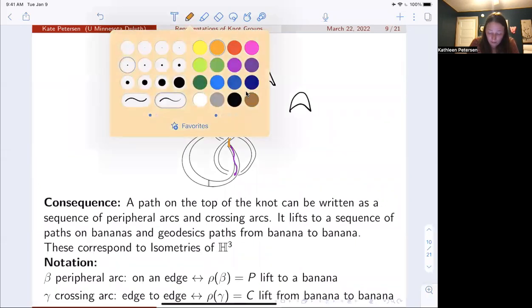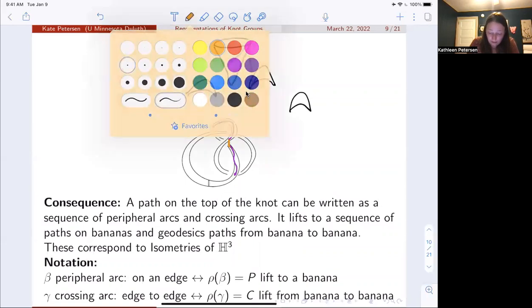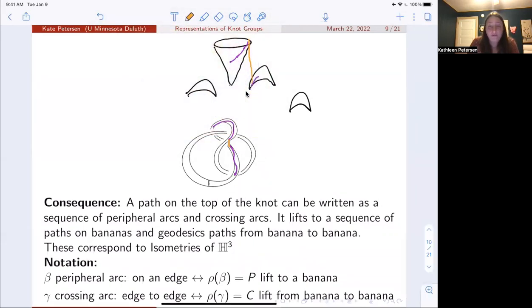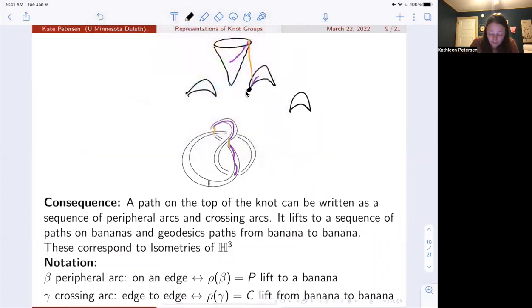And then what do I do next? I do a little peripheral bit. Then that's on a banana. Then I do a crossing bit, and that lifts to a geodesic, which joins this ideal point of a banana with an ideal point of another banana.